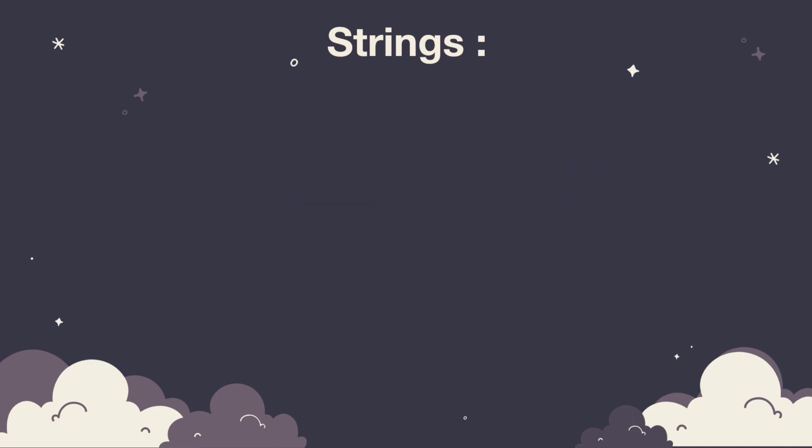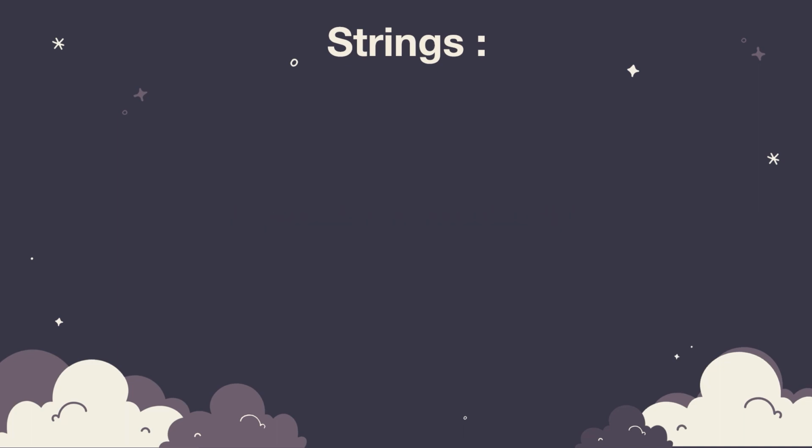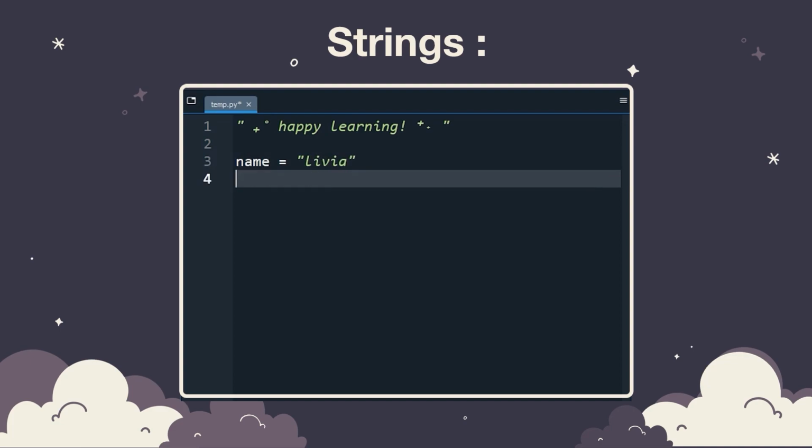Basically, whatever you write inside the quotation marks will be printed as a text. So strings means text. For example, name equals to Livia in quotation marks, and age equals to 14 in quotation marks. So even if it's numbers, if it's in quotation marks, then it's a text.